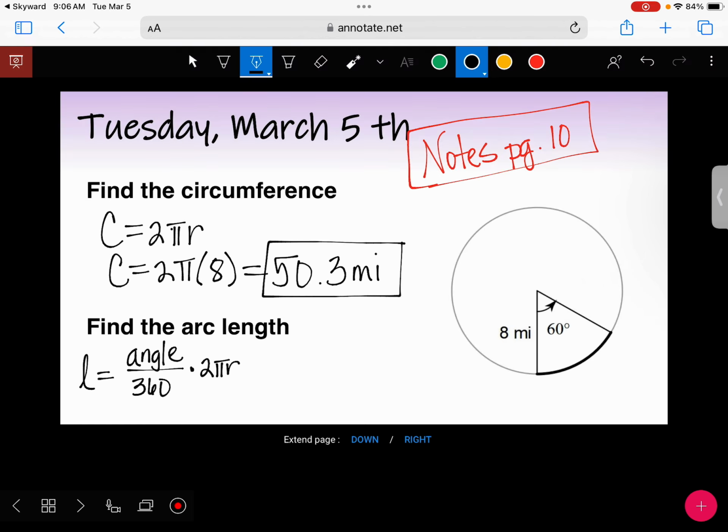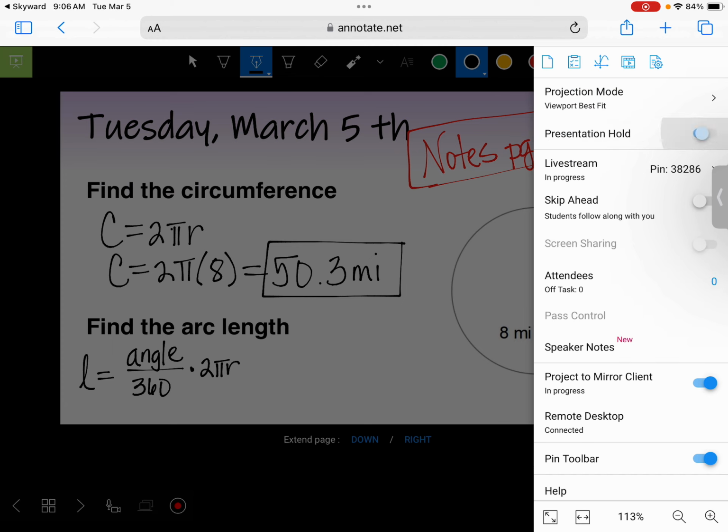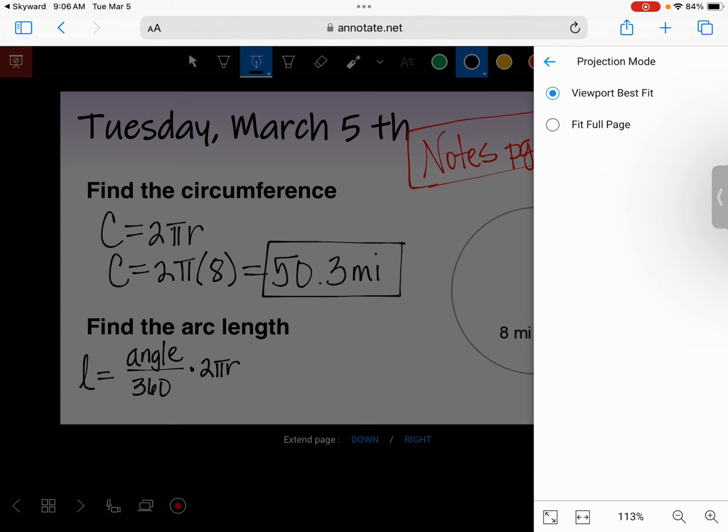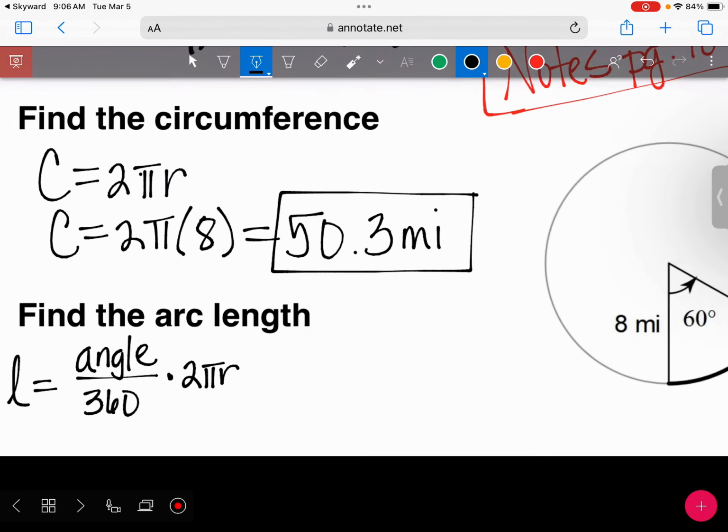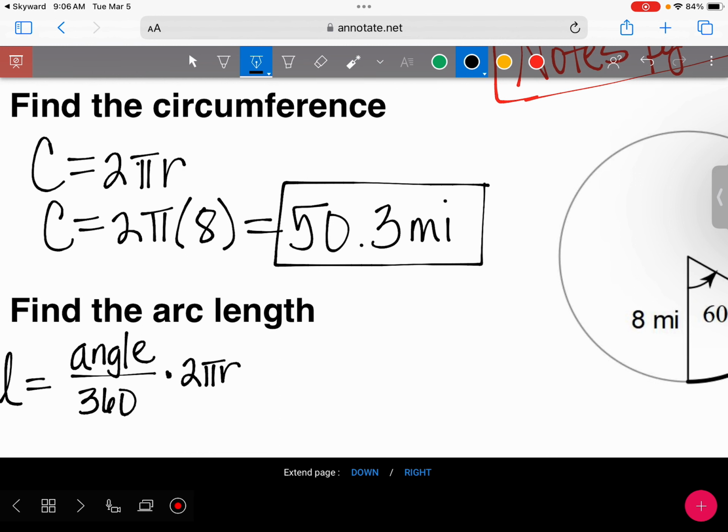That's when we have to use that angle. So the angle measure is 60. So that would be 60 over 360 times 2 pi r, or 2 pi 8. Go ahead, type that in your calculator.